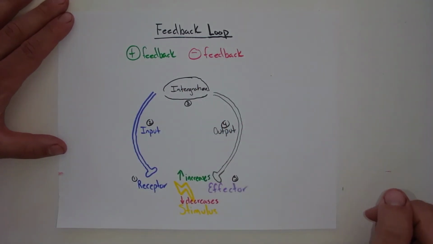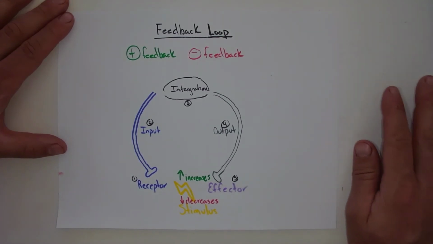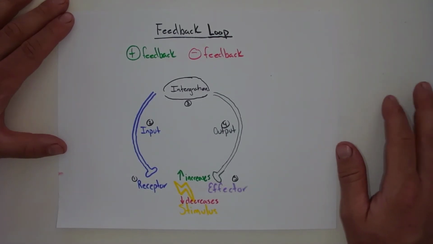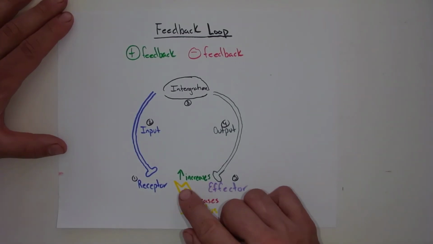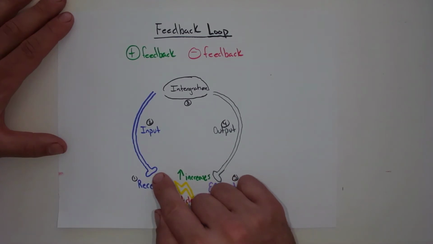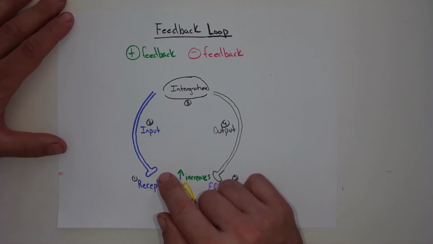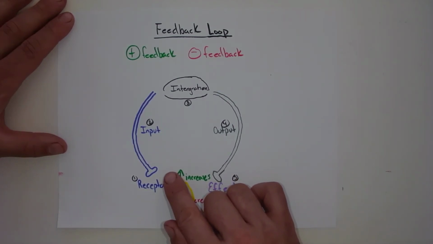Now, we've already seen positive feedback loops. For example, the effect of oxytocin on uterine tissue during parturition or delivery. Actually, what stimulates the oxytocin is stretch of the uterine tissue.